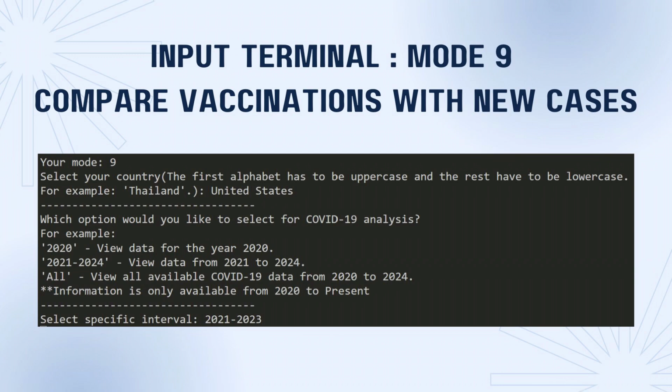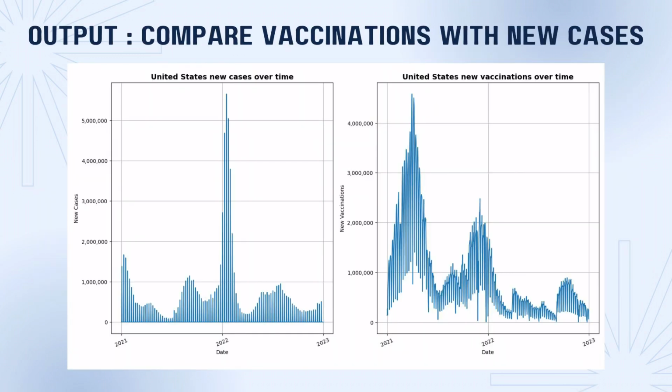The input only requires one country, which in this case is the United States as always, and over the time 2021 to 2023. Both graphs will appear side by side with each other in order to make the users able to compare the total vaccinations and the new cases easily.